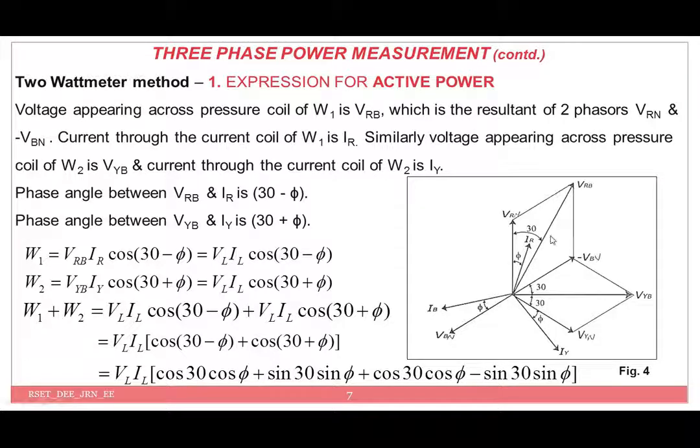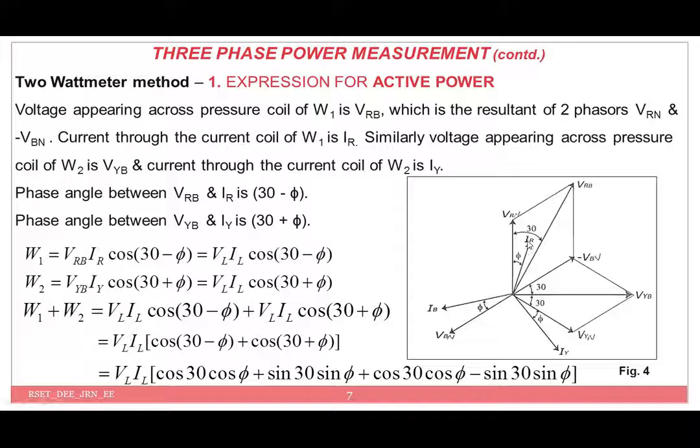So the resultant of these two I will be getting as VRB, and the resultant of these two is VYB. Now if I produce this backwards, the angle between this and this is 60, and the angle between VRN and VRB is 30 degrees. This is 60, so this much is equal to 30 degrees.